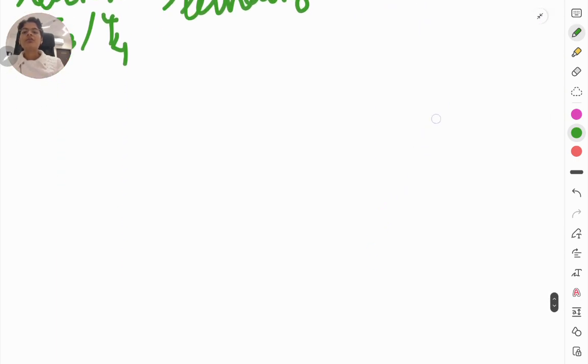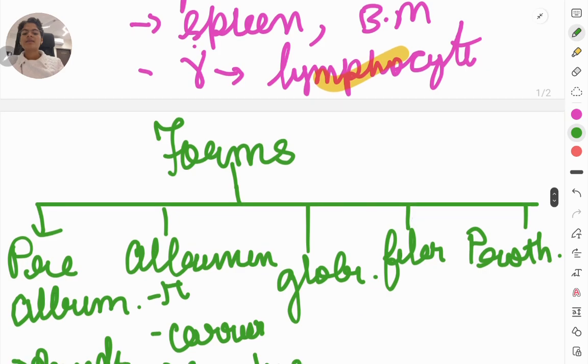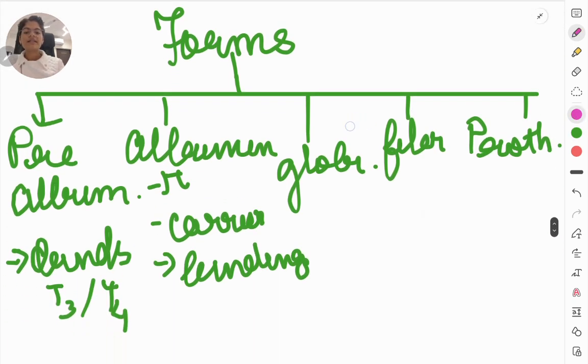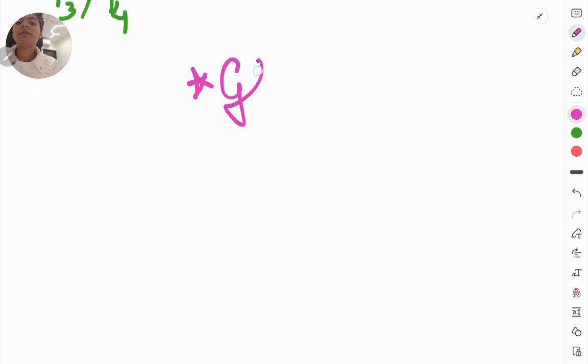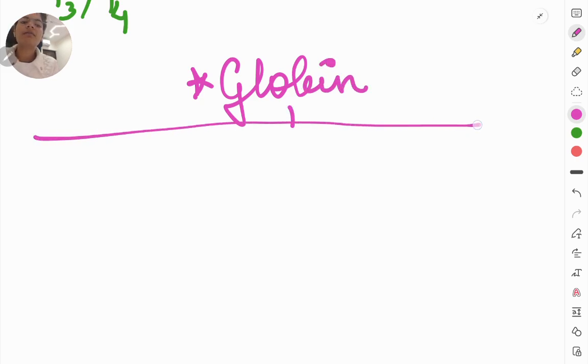Now let's see the globulin in detail. Globulin has many forms.